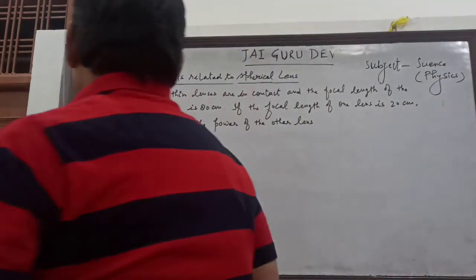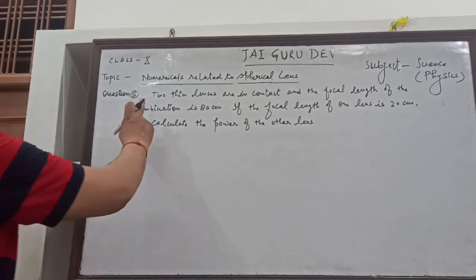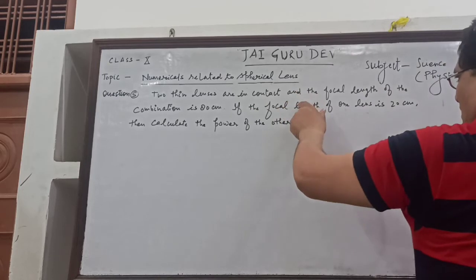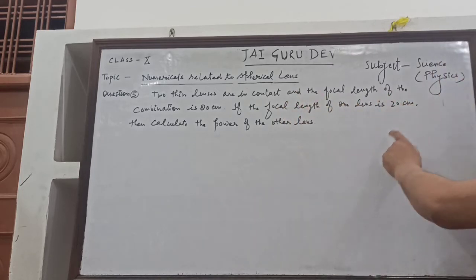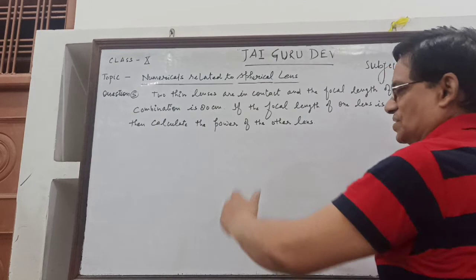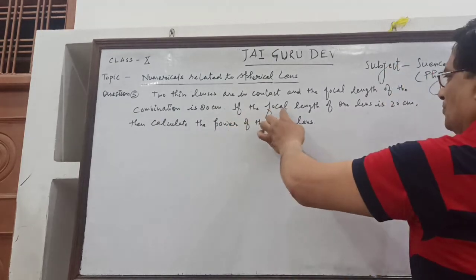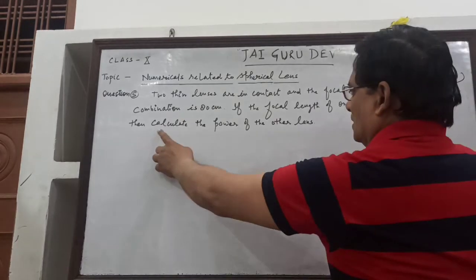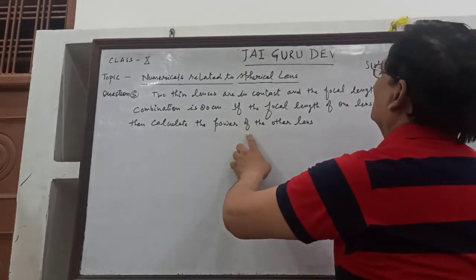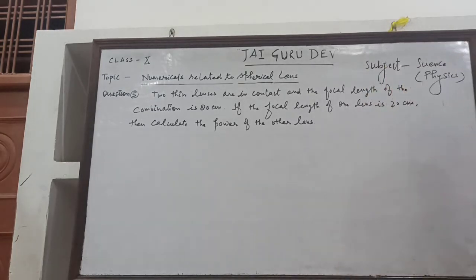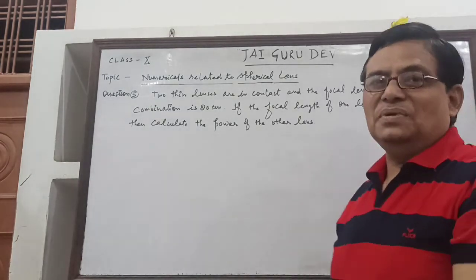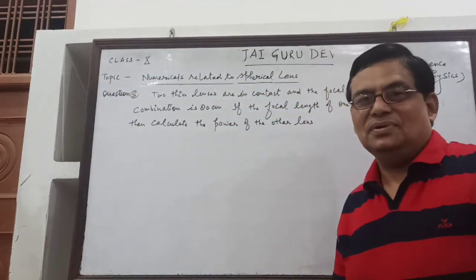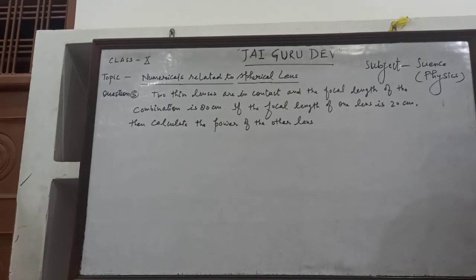Yes. Now question number 5. Two thin lenses are in contact and the focal length of the combination is 80 centimeter. If the focal length of one lens is 20 centimeter, then calculate the power of the other lens. Let me remind you about the power of combination of the lenses.